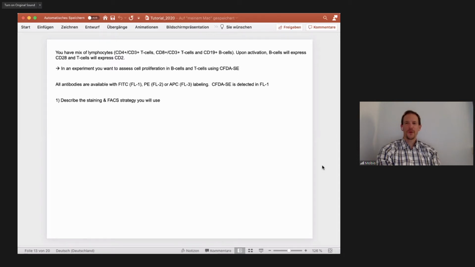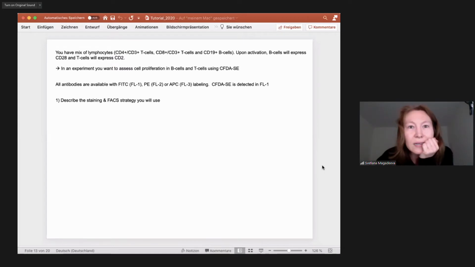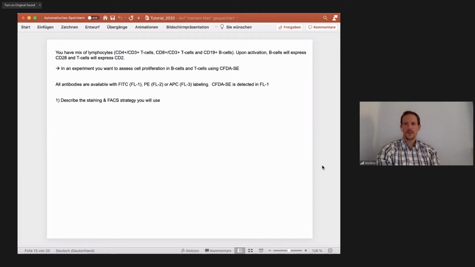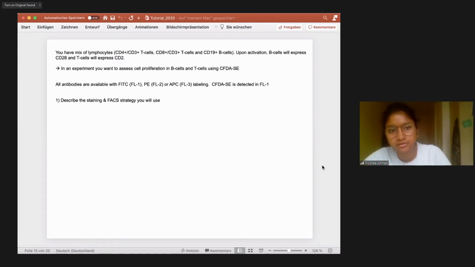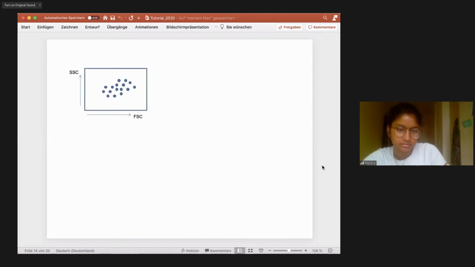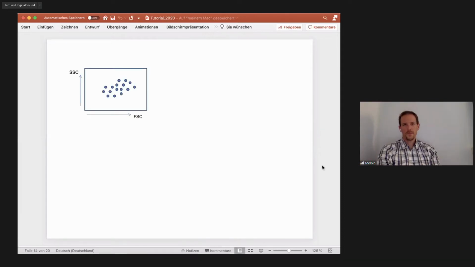Yeah, but how do you know what is small or large? Oh, the side scatter. Yes. It's two things you look at: the side scatter and the forward scatter. So first thing is forward and sideward scatter.